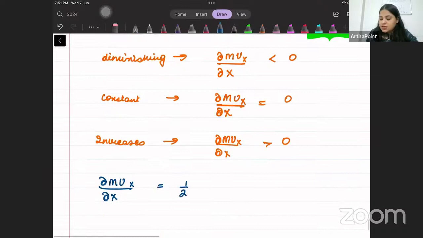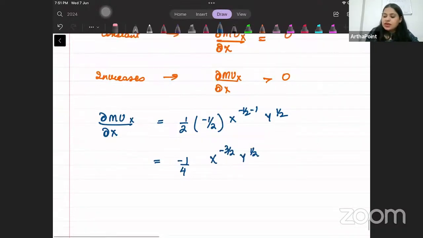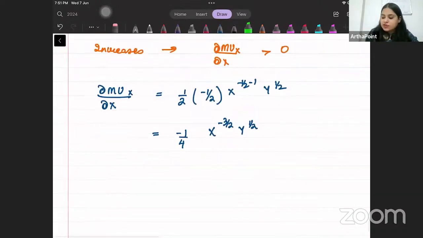Again, power comes down, power reduces by 1, and Y to the power half. So this is going to be minus 1 by 4, X to the power minus 3 by 2, Y to the power 1 by 2. When power is negative, it will just come in the denominator. So this is just minus 1 by 4, Y to the power half, X to the power 3 by 2.